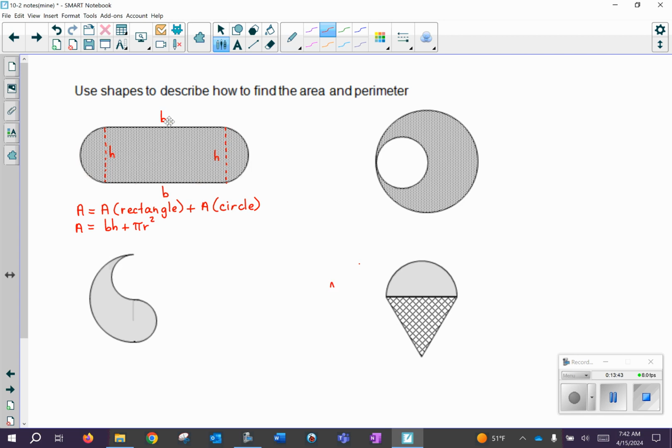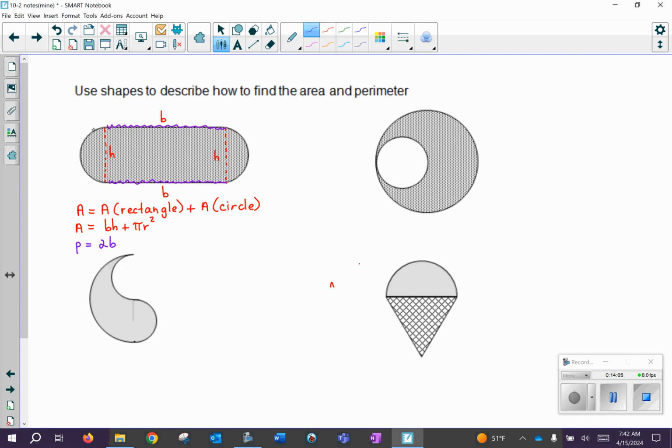All right, then perimeter. Again, we're trying to find the perimeter of the total outside solid shape. So I'll take care of these two parts here and here by saying b plus b is 2b. So perimeter would be 2b.